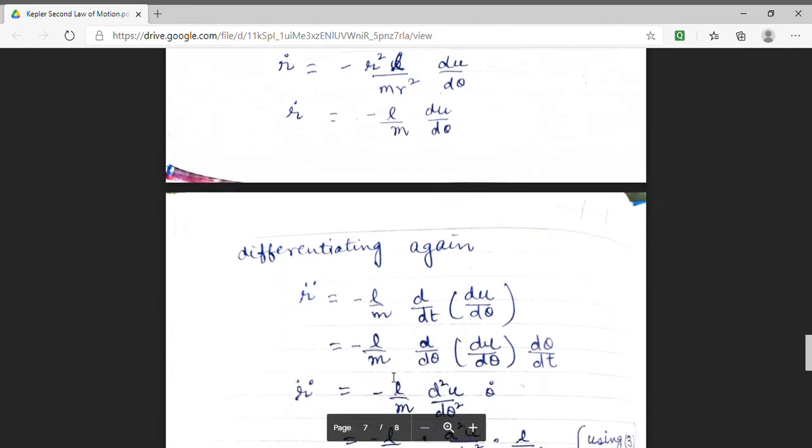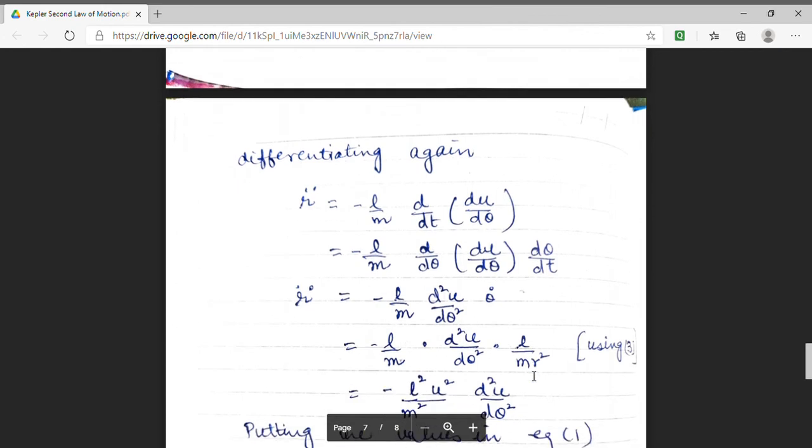Minus L by m, I can split this term as d/dθ (du/dθ) multiplied by dθ/dt. I am substituting dθ/dt as θ̇ and putting the value of θ̇ as L upon m r².